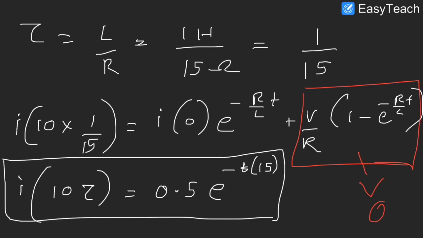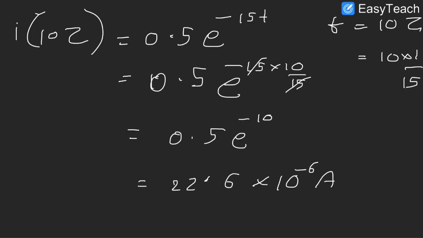So after 10 time constants you would still have a very minute current of 22.6 microamperes, which is not 0, and that's only because of the inductor. If you looked at it for 5 time constants, it would be a totally different value, a higher value.